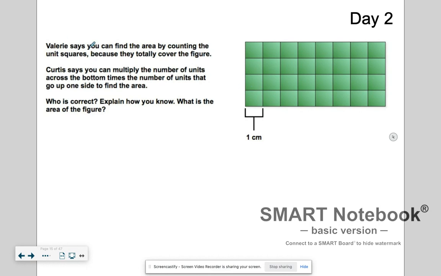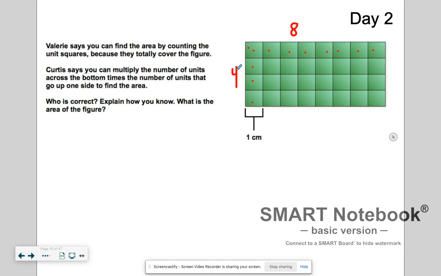So Valerie says you can find the area by counting the unit squares. That's what we did yesterday. We counted. So that's 4 in that column. So let's count going across. 1, 2, 3, 4, 5, 6, 7, 8. So there's 8 up top. So some of you may have noticed this yesterday.